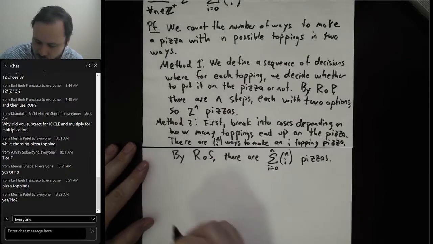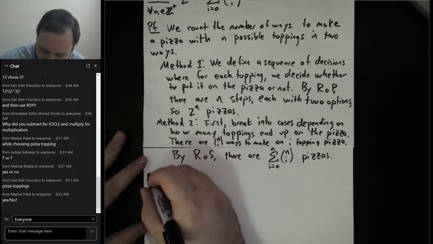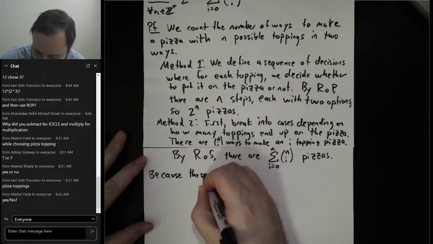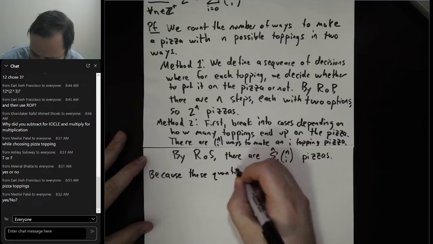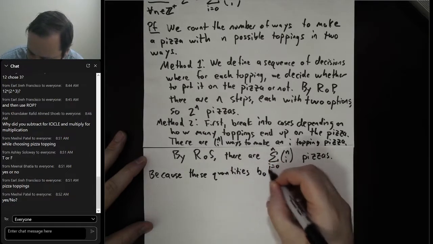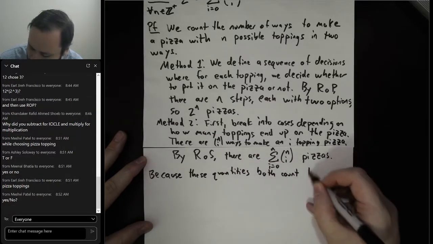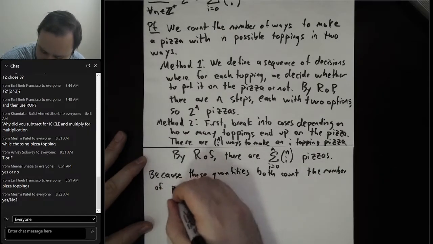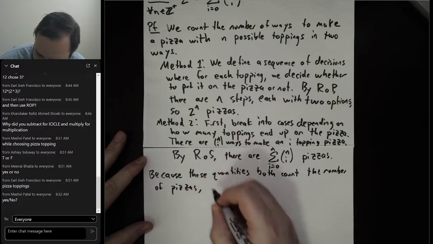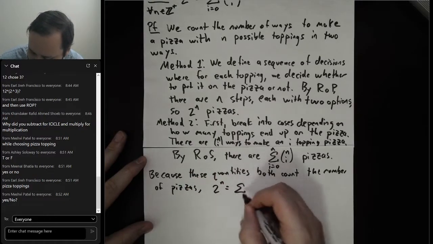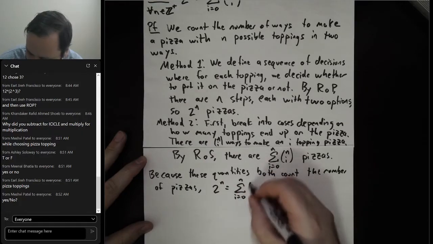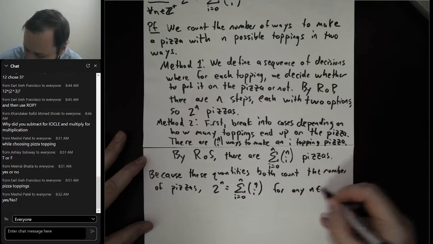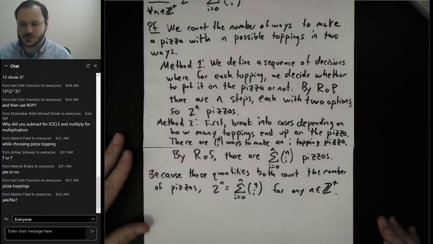Then just one nice conclusion, because these quantities both count the number of pizzas: 2 to the n is equal to this sum, i equals 0 to n of n choose i, for any n natural numbers.